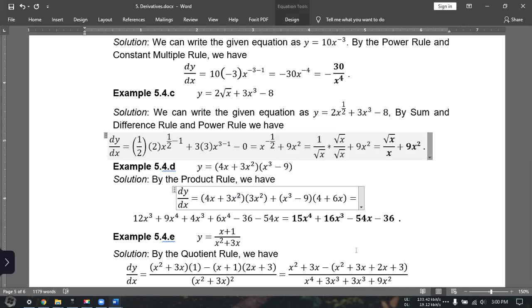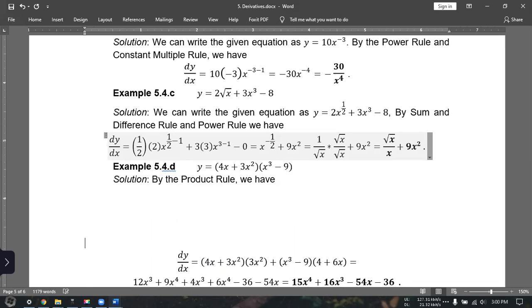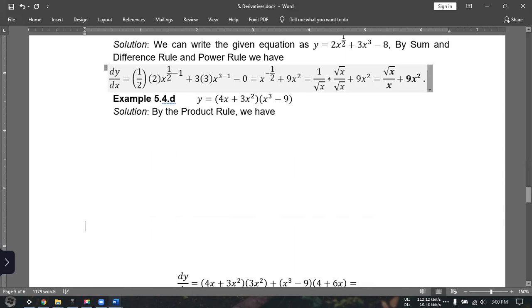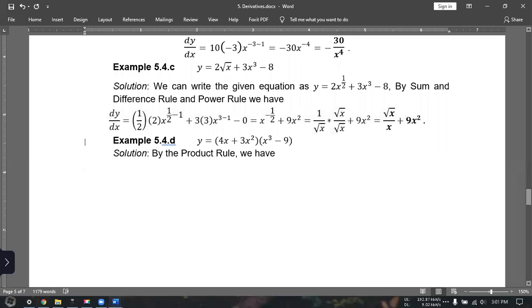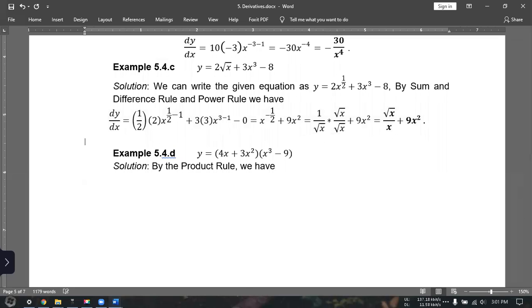Well, the given y is equal to 4x plus 3x squared times x cubed minus 9. Let's just solve this on our own. So again, let's assume that this is our v and this is our u.